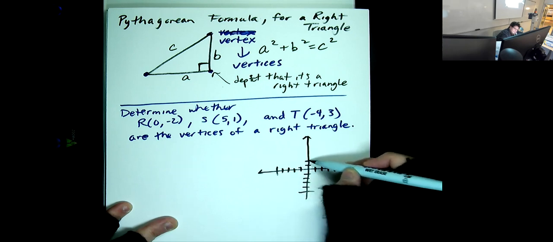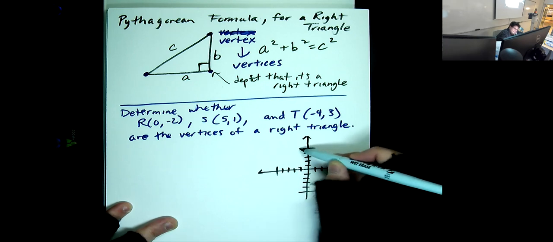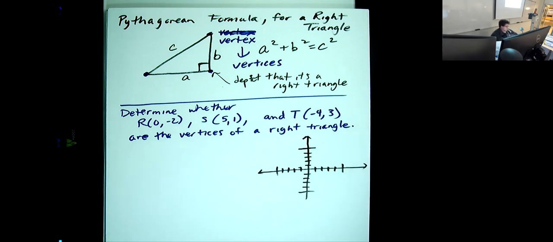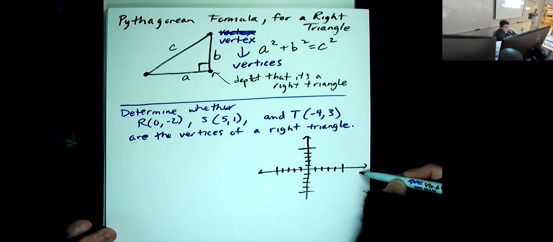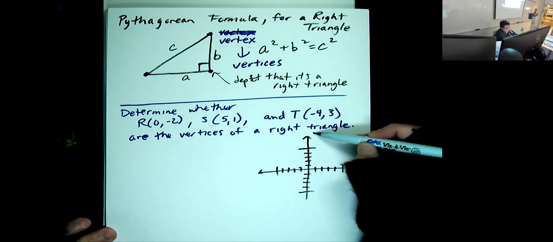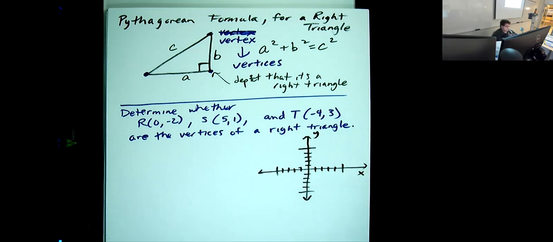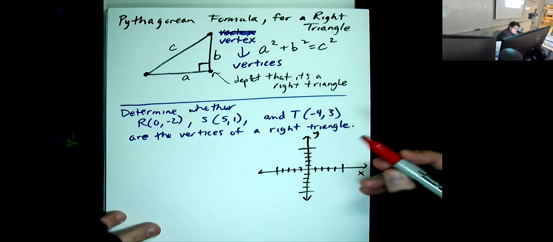And since I didn't use graph paper, this is not going to be exact. The horizontal axis is the x-axis. The vertical axis is the y-axis. So R is (0, -2).